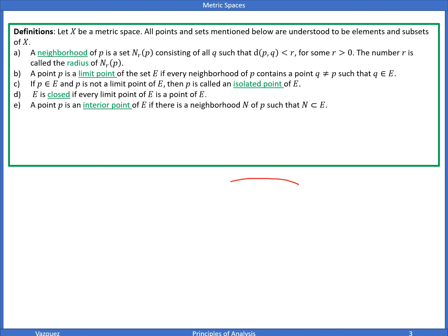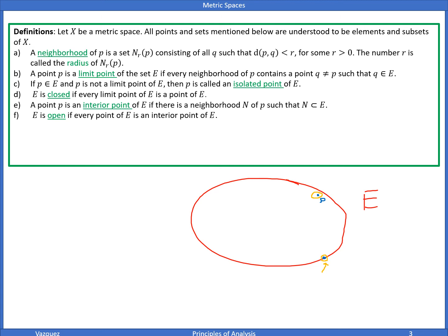The way this is describing it is, for example, if this was E, and let's say this is P. That's an interior point because we can have a neighborhood of P, I'm going to draw it like this, that's still contained in E. That's what that's saying. So that's why P is an interior point. But here, on the boundary, that wouldn't be an interior point because no matter how small I make the neighborhood, it's not completely contained in E. So that's why this bottom point is not an interior point.